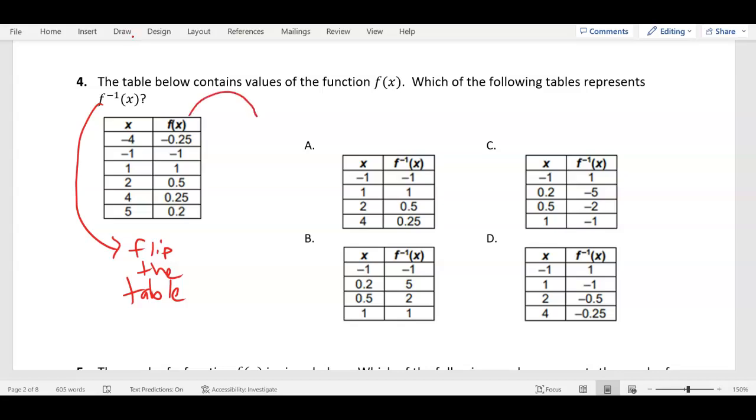So if I were to flip it, f inverse x would be negative 0.25, negative 1, 0.5, 0.25, 0.2, negative 4, negative 1, 1, 2, 4, 5. Now which one of these answer tables has this flipped version?